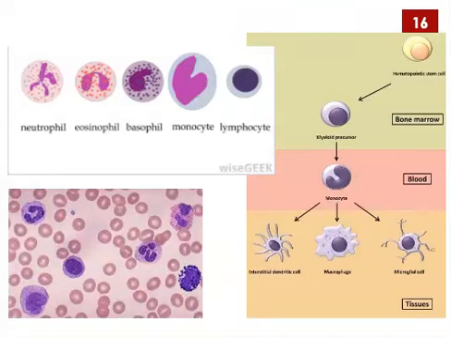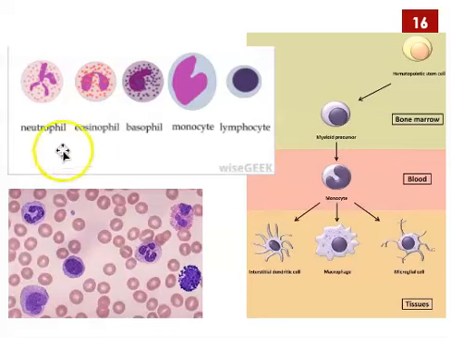Let's talk for a minute about the sentinel cells that are such a critical component of your innate immune system. Remember, we said these sentinel cells are going to recruit leukocytes into the area where a pathogen has invaded. And leukocytes, that leuko just translates as white. So these are white blood cells.